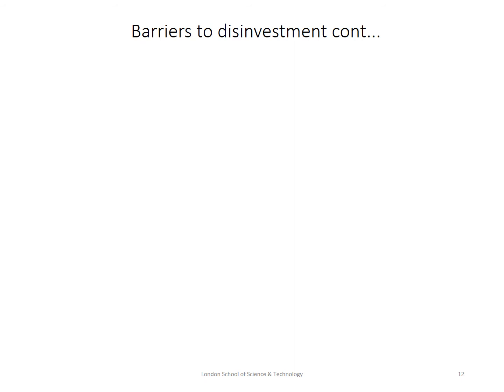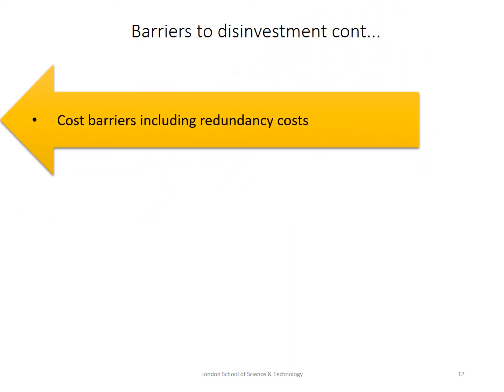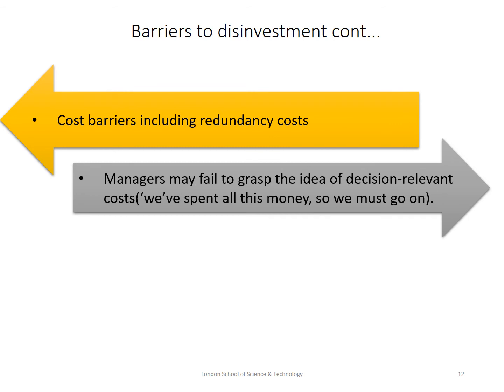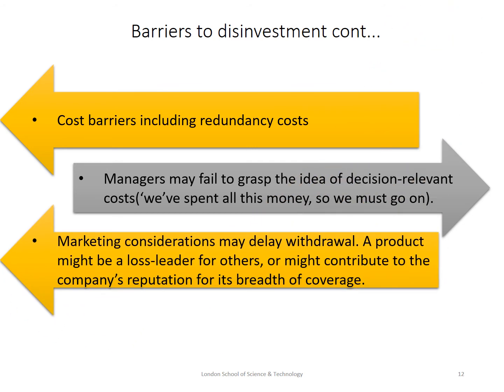Some additional barriers to disinvestment include cost barriers, including redundancy costs. Managers may fail to grasp the idea of decision-relevant costs: we spent all this money, so we must go on. Marketing considerations may delay withdrawal.